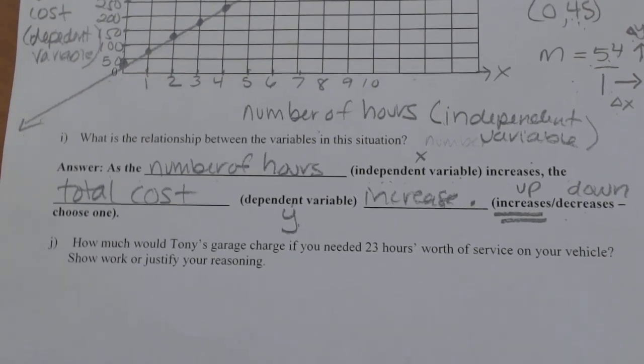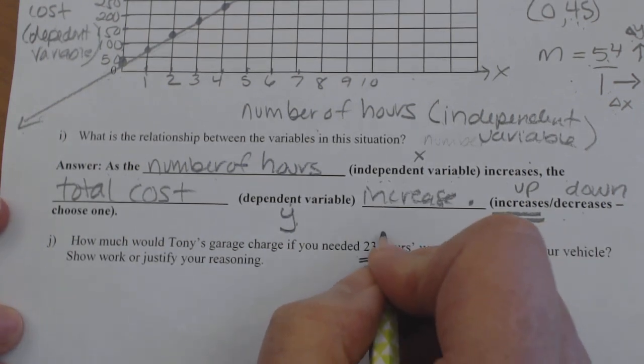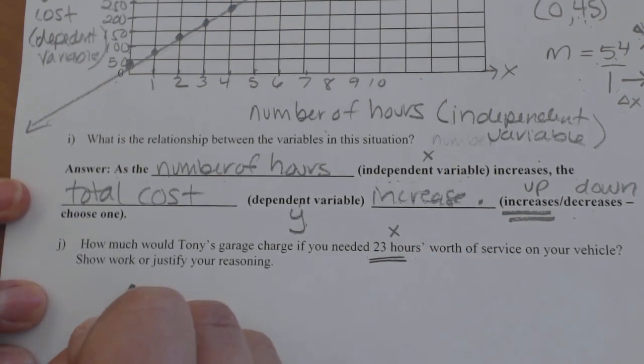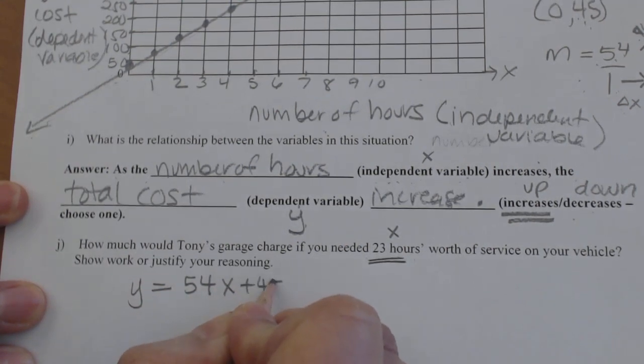And the last one, how much would Tony's garage cost if you needed 23 hours worth of service on your vehicle? Show work or justify your reasoning. So 23 hours. Remember, hours is my x value. What I'm going to do is first do this using the equation y equals 54x plus 45.